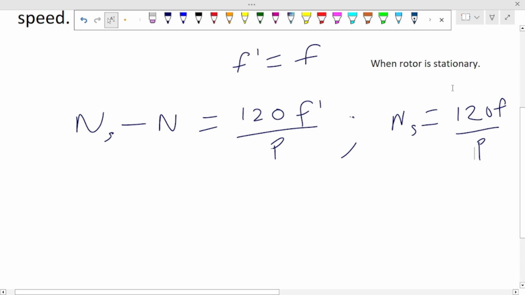So we have two formulas here. This one is supply frequency, while what we have here is the frequency of the rotor current. So this is NS equals this, and this is slip speed equals this.